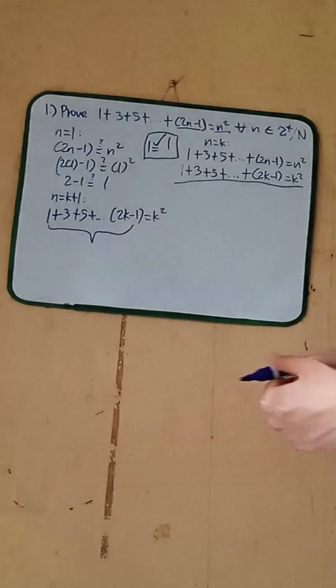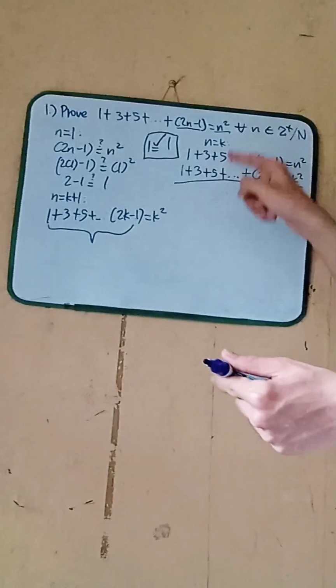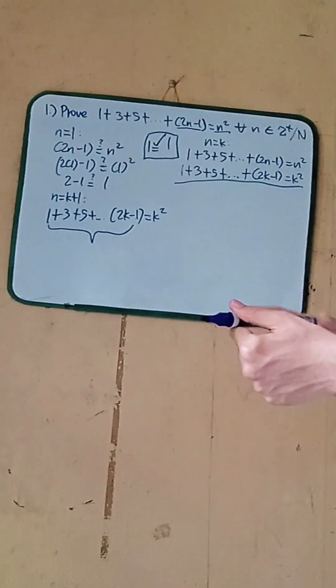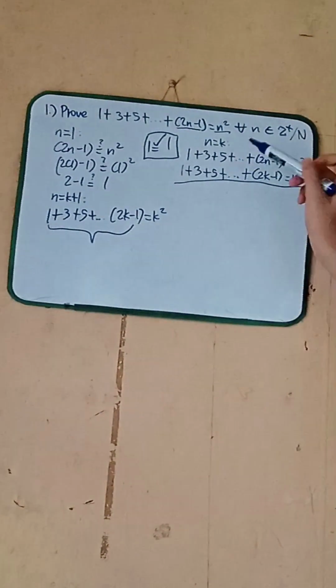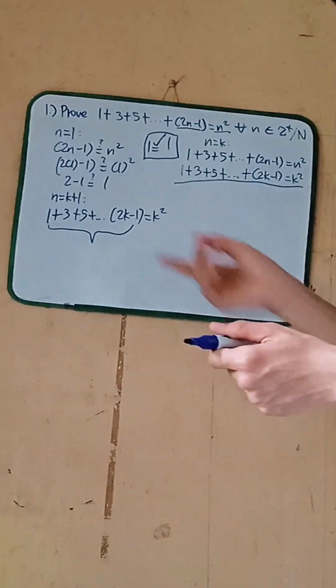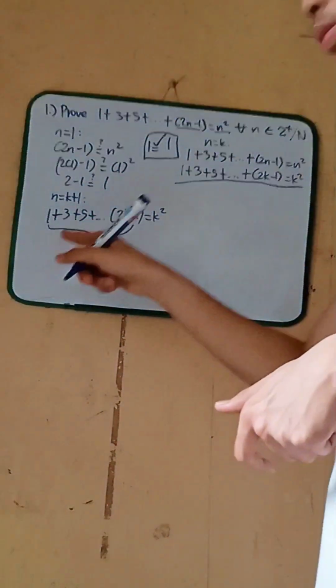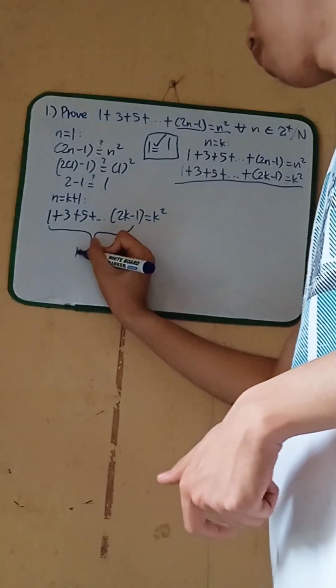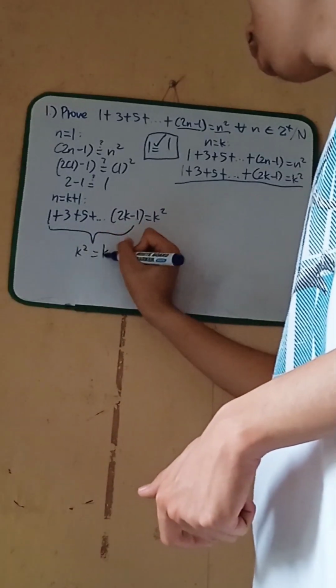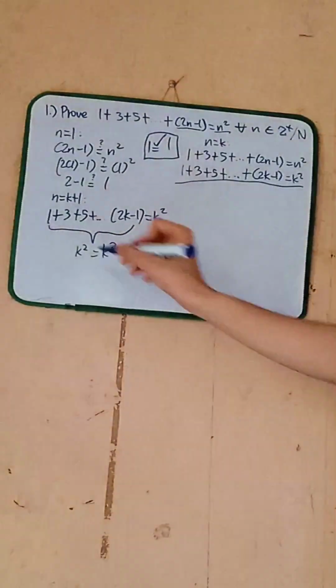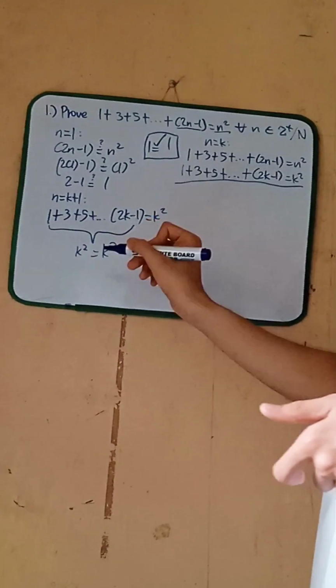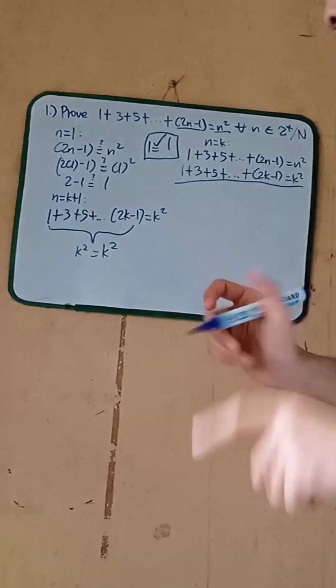But how? Go back to the assumption you made in the inductive hypothesis, which is n equals k. As you can see, this whole thing is equal to k squared. So we're going to substitute this by k squared. You may think that they are already equal. No, there's still a step.